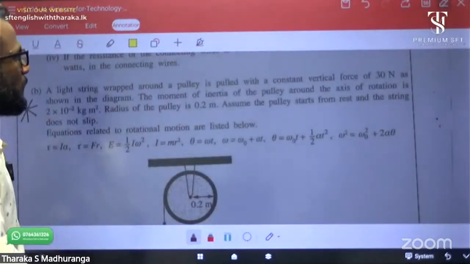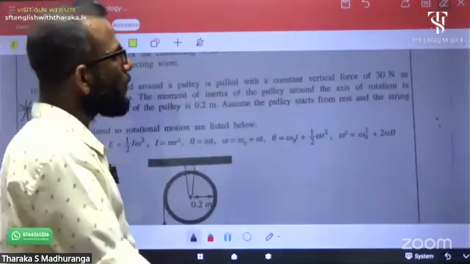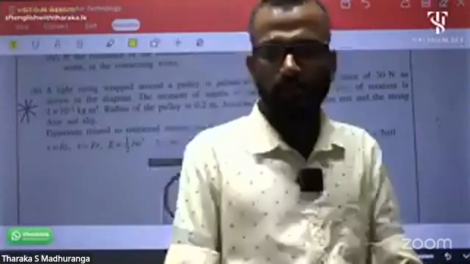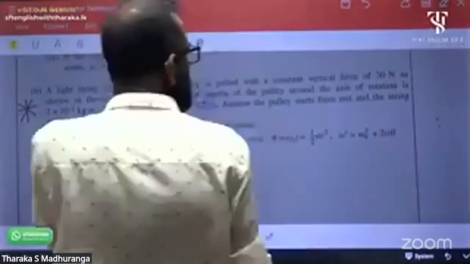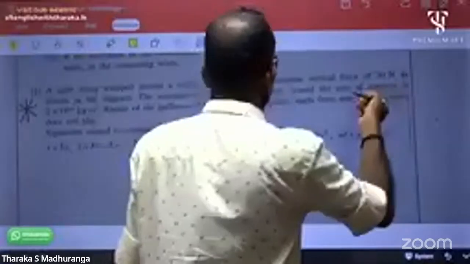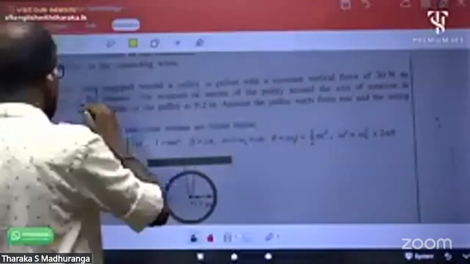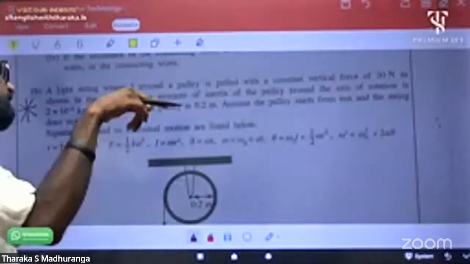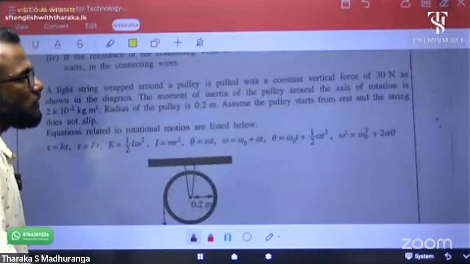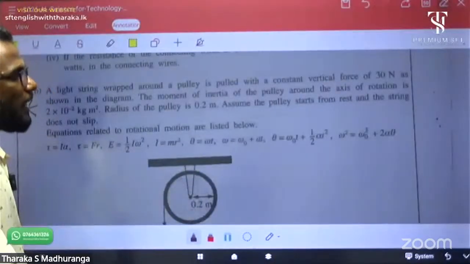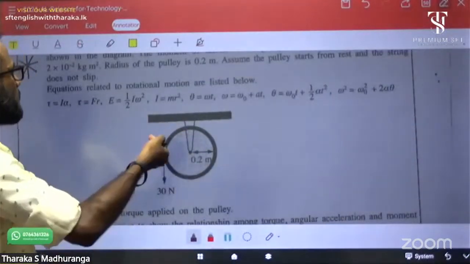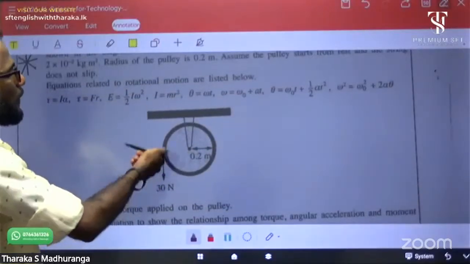The moment of inertia of the pulley around the axis of rotation is 2 into 10 to the power minus 2 kgm². The radius of the pulley is 0.2 meters, that means 20 centimeters. Assume that the pulley starts from rest and the string does not slip.